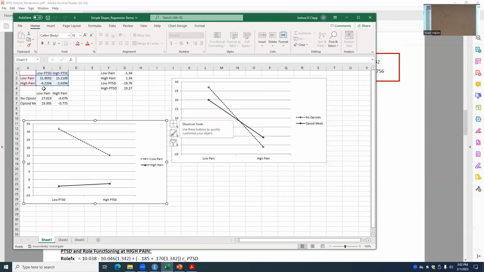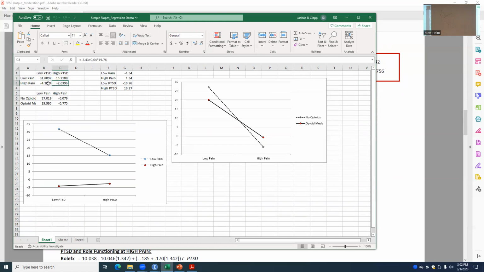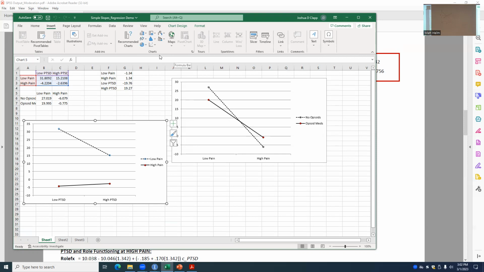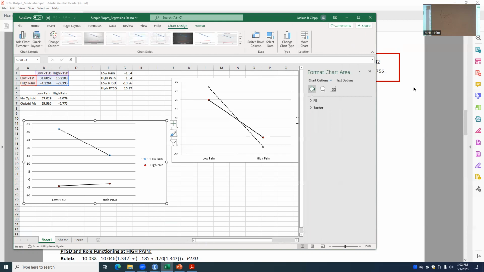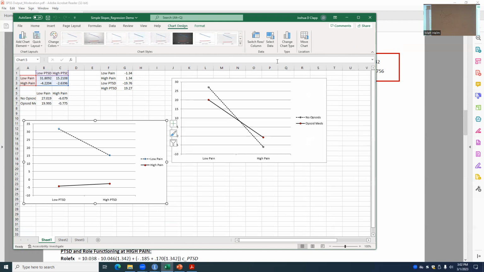I just set up this model. I've got, you know, plugging those values in and letting Excel calculate that. Going through plotting this, always remember to make sure that your graph is flipped the right way.